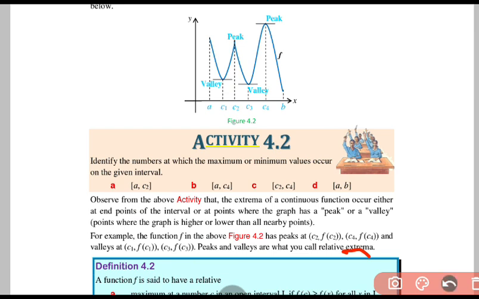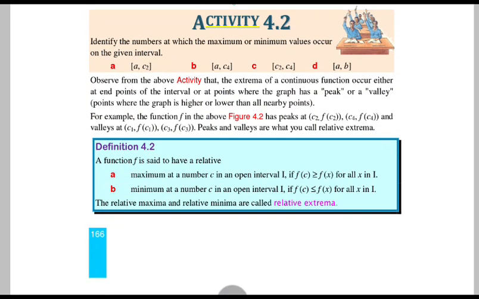Okay, let's jump to the definition 4.2. What does it say? The function is said to have a relative maximum at a number c in an open interval if f of c is greater than or equal to f of x.